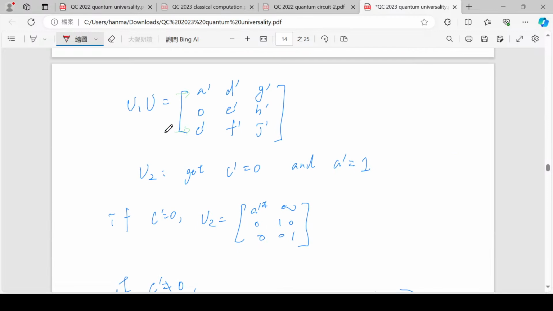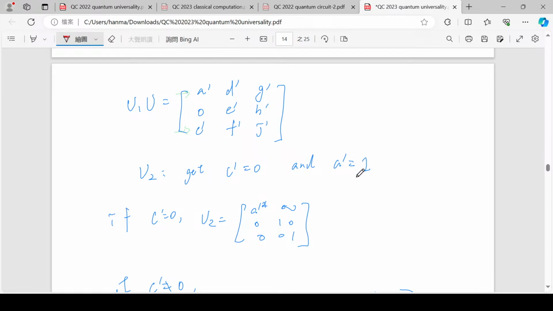So this register will become 0, and the other A register will be whatever. We don't really care. So you multiply U1 on U, you get a 0 here. And then you want to make a C prime into a 0 now.